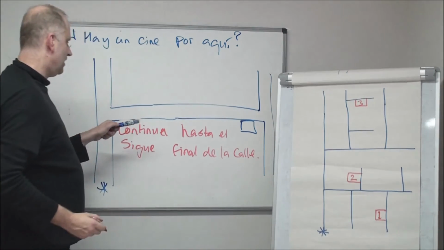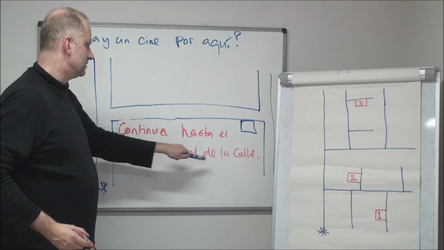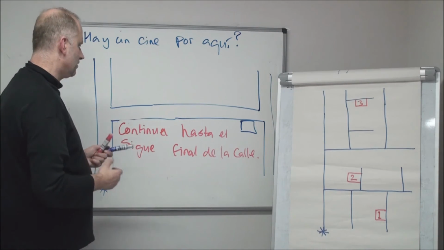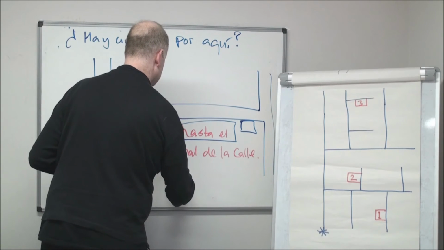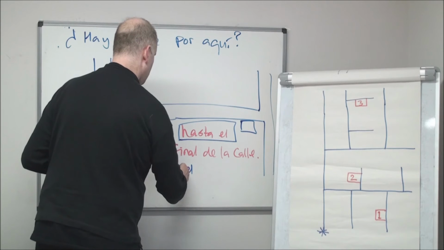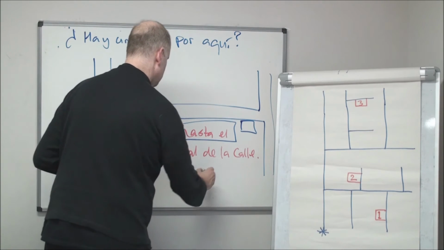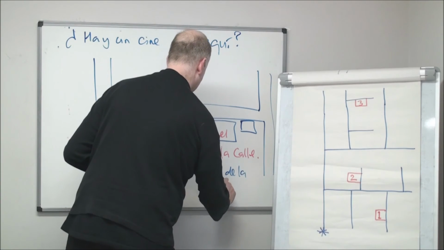So you can say continua or sigue hasta, until, el final, the end, de la calle, of the road. Instead of saying hasta el, you can say to the, and to is a, and the for end is el. But when you've got a plus el, it becomes al. So al final de la calle.